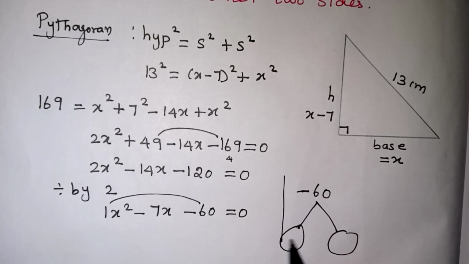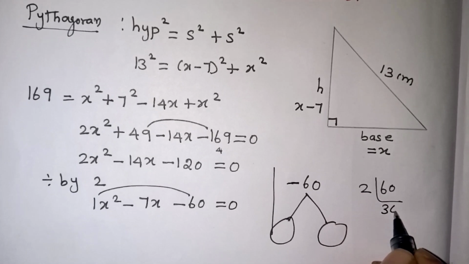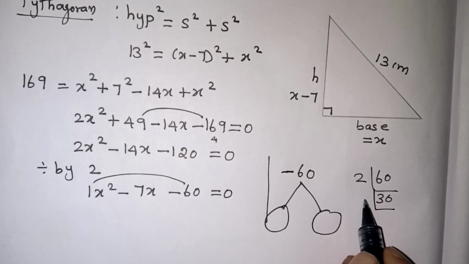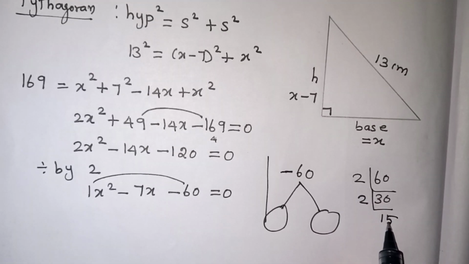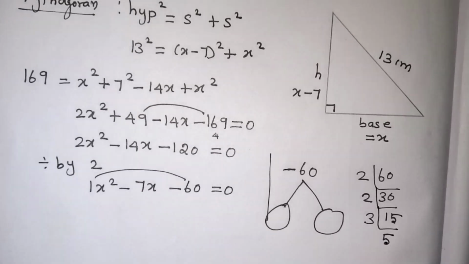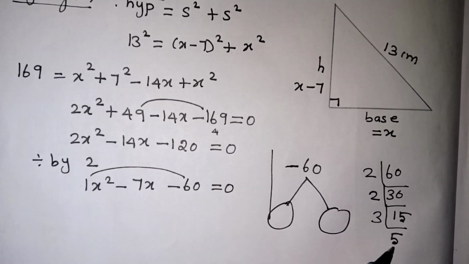What are the two numbers we need to find out now? 30 into 2 will give you 60, but 7 will not be possible. If I take 15 4s are 60, that is also not possible. Again 12, 12 5s are 60. 12 and 5 also.